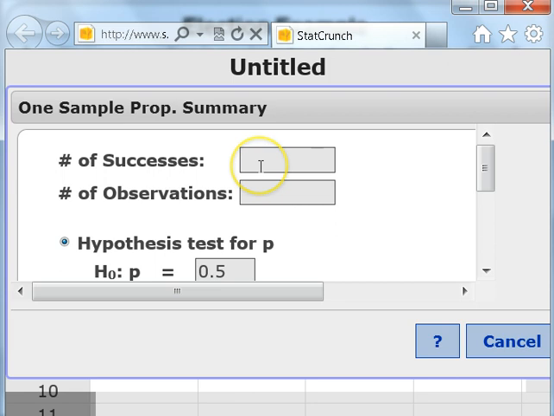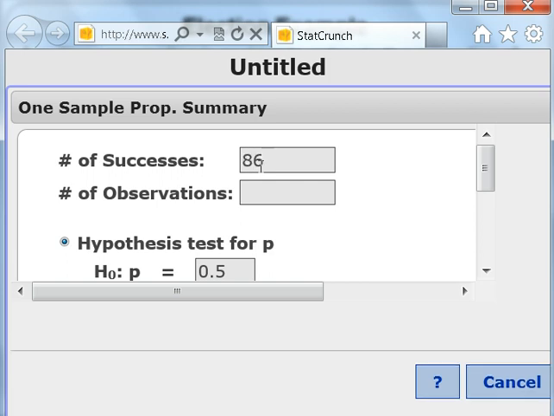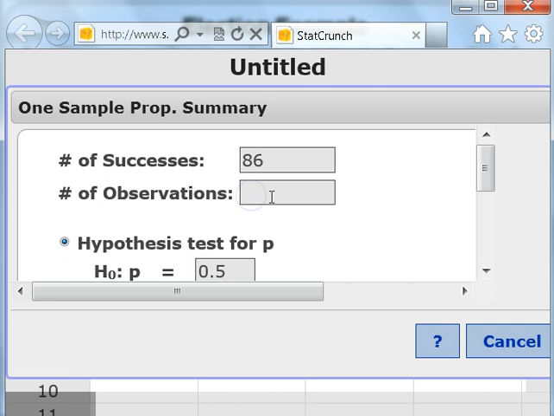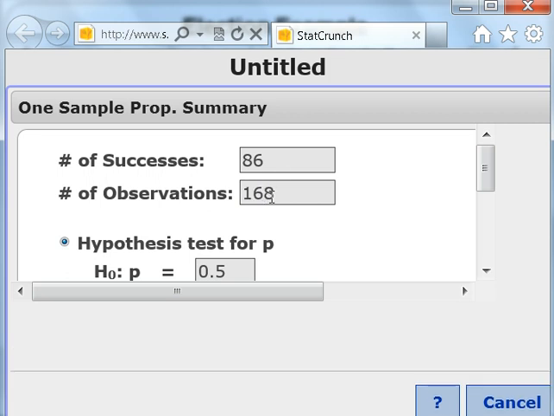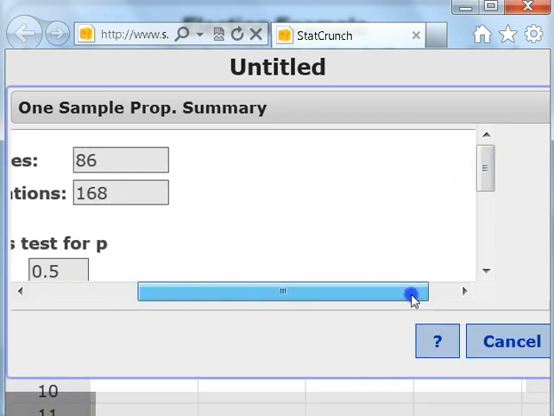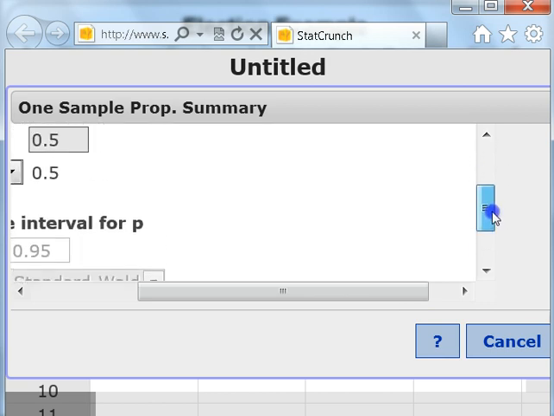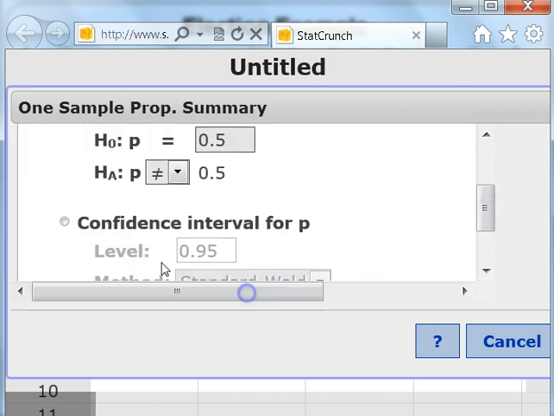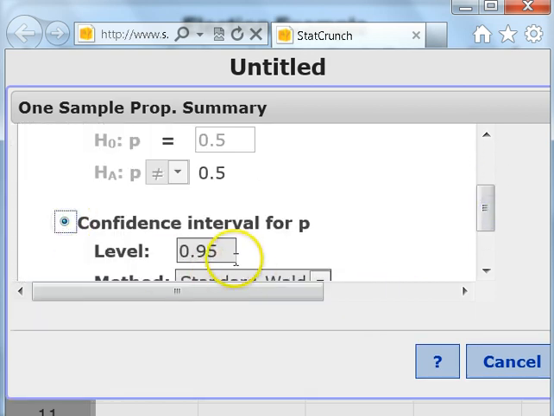The number of successes, oh, excuse me, my dog is pretty excited about that. We've got 86 successes. 86 individuals said they would vote for issue 5 out of 168 individuals. We want to conduct a confidence interval at a 95% confidence level.